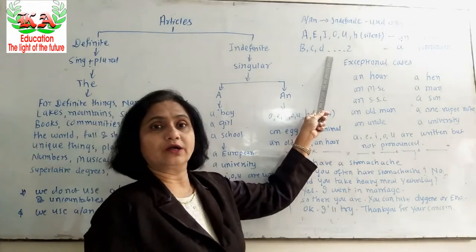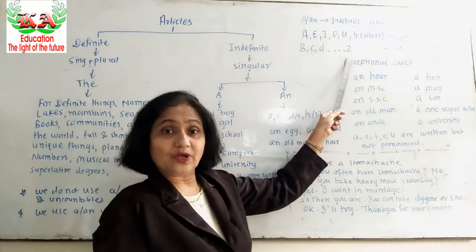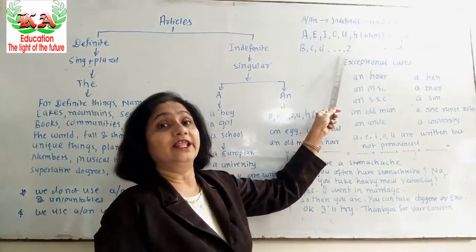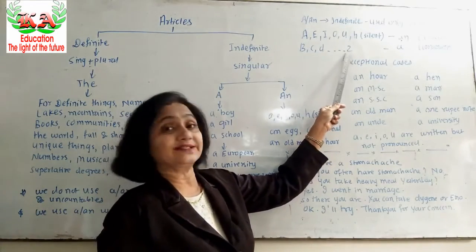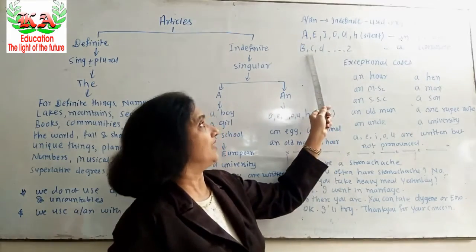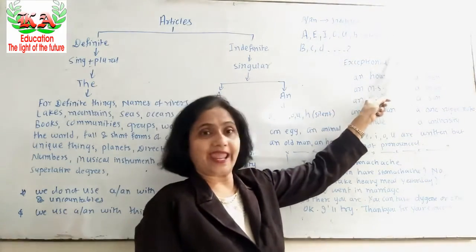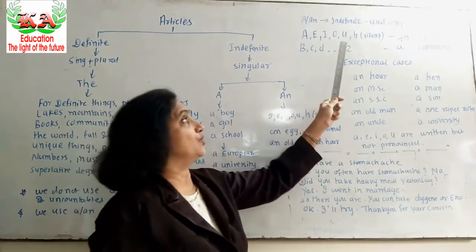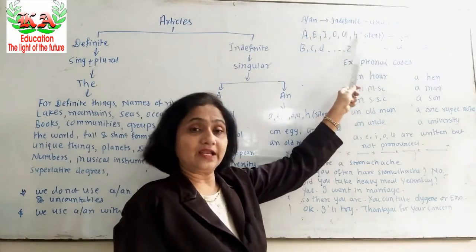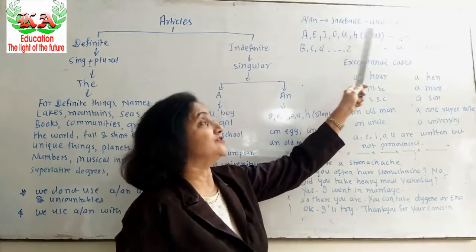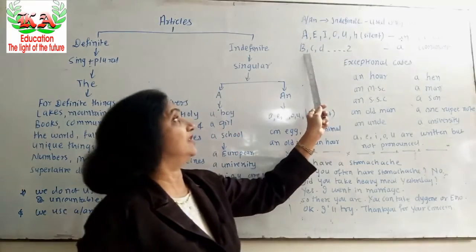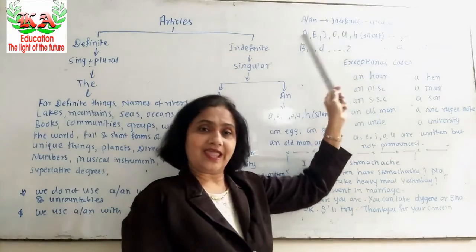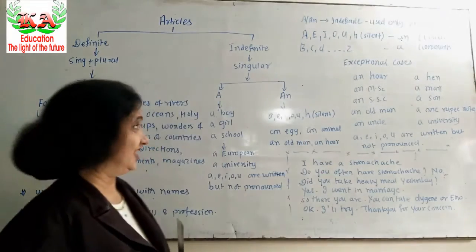I have a dog. So there is a lion in the zoo. That is a zebra. So with these alphabets we use a for a single thing. So a and an are used for singular. They are indefinite. With the vowels we use an, and with the consonants we use a. So I hope that is clear to you.